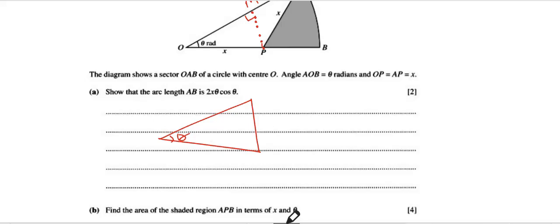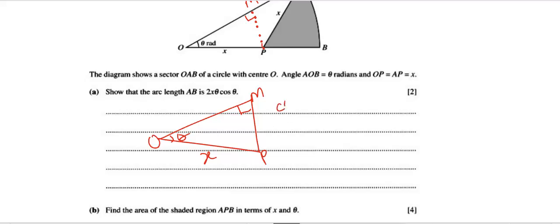So this is theta. This is O. Since we call this M, we can say this is M, and then this is P. Of course, it is forming a right angle triangle here, and this is our x, right? So we are told to show that the length AB is 2x theta cos theta.